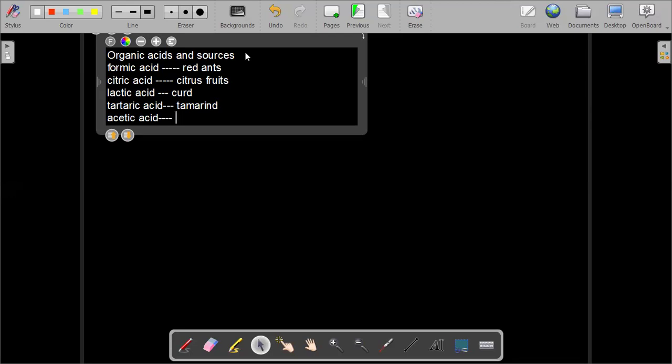I'm not talking about the formula, it's the name. Ethanoic acid. So acetic acid is also called ethanoic acid. Formic acid is called methanoic acid and acetic acid is called ethanoic acid. Acetic acid is found in vinegar.